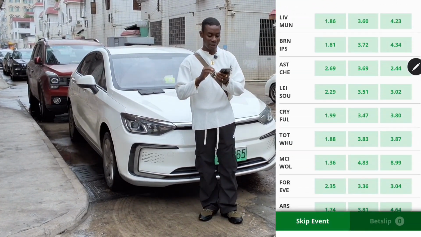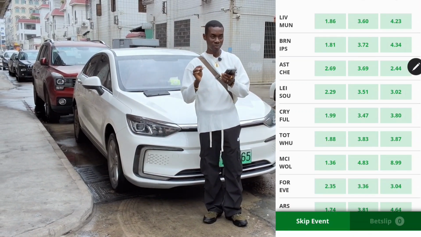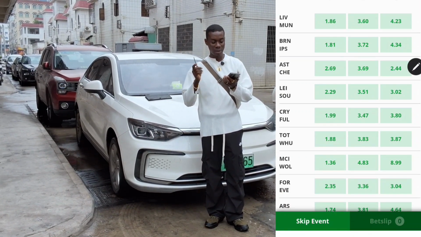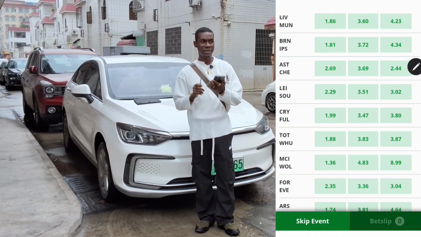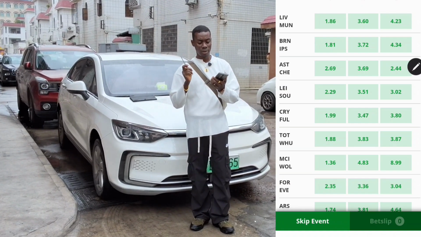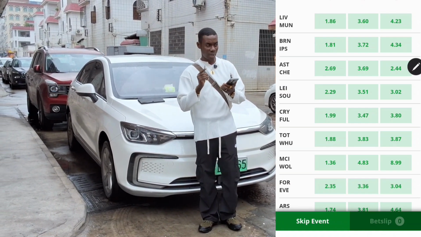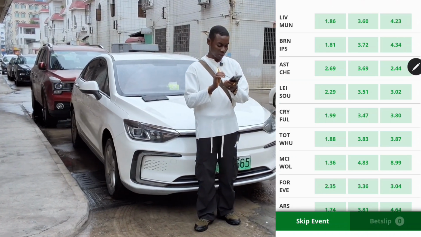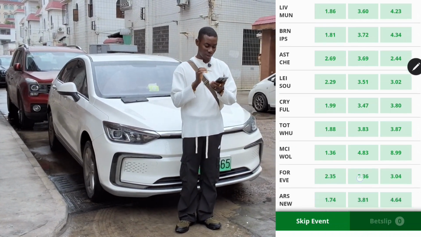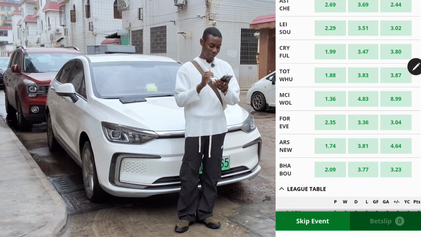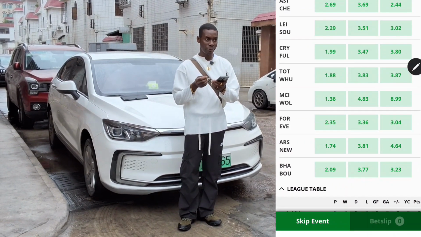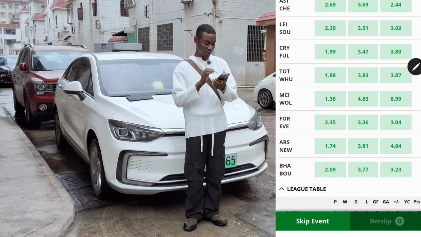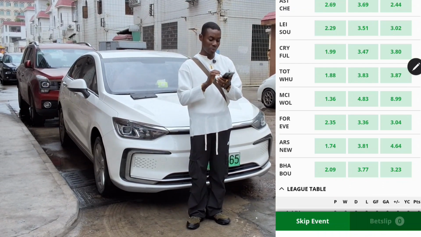The whole idea is to pick a team between Everton, Southampton, Leicester, Ipswich. Okay, so you pick either Ipswich, Leicester, Southampton, or Everton, and Fulham also is included, and Nottingham Forest.